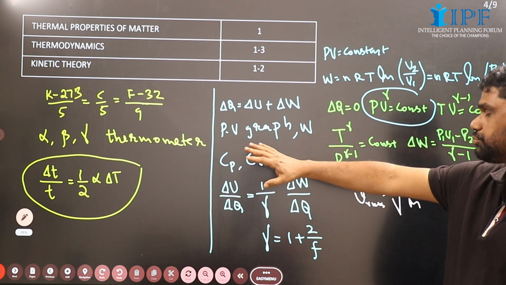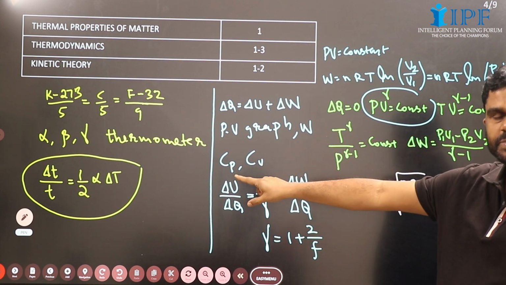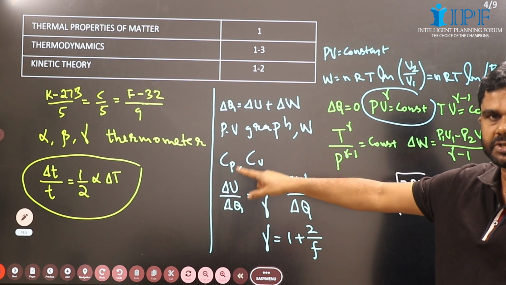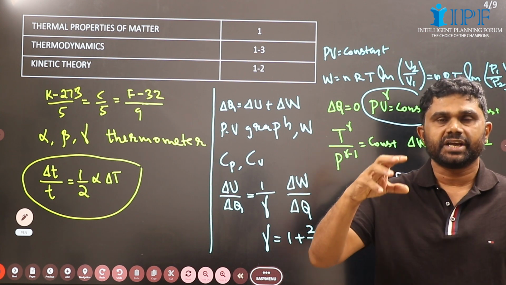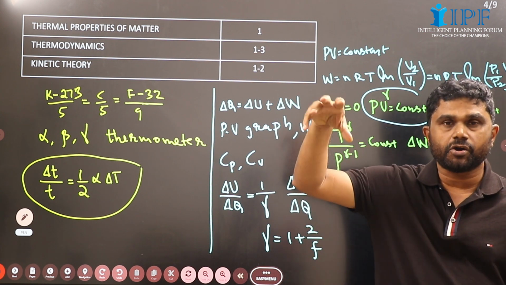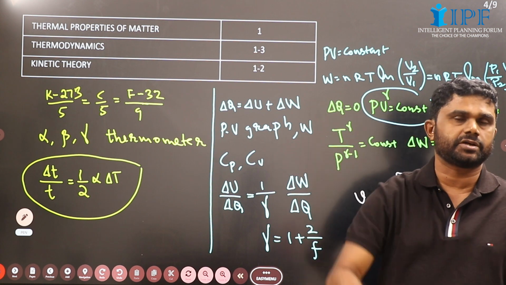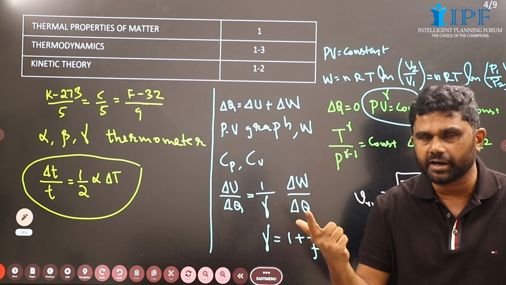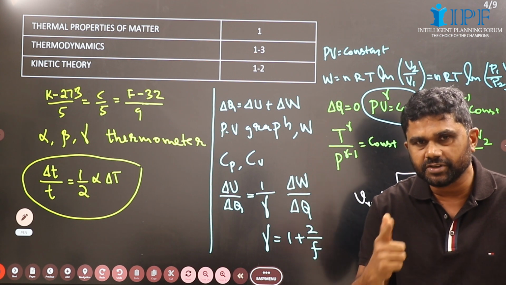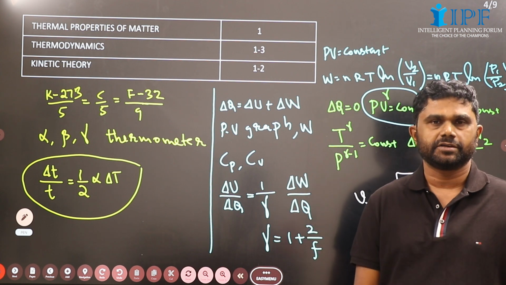Then you should know Cp and Cv, the molar specific heat capacity at constant pressure and at constant volume. Now see, when heat is added to a given quantity of gas at constant pressure, a part of it will be used to increase the internal energy and the rest will be used for external work done.